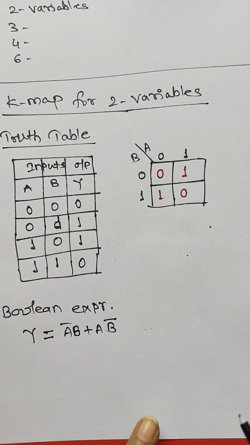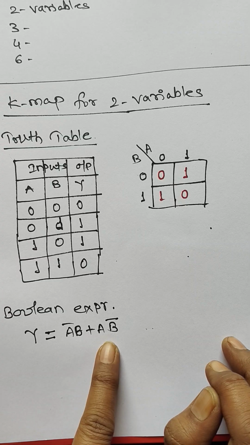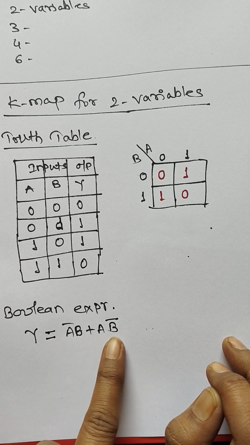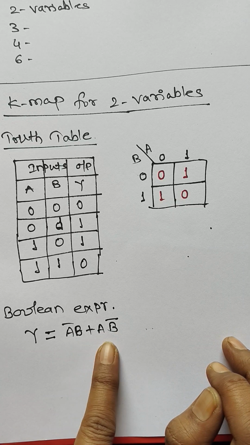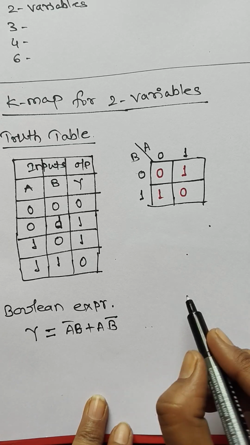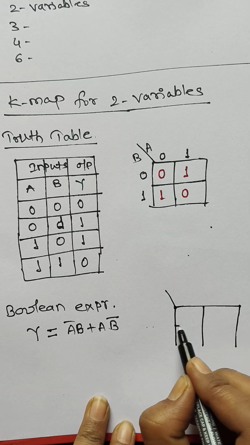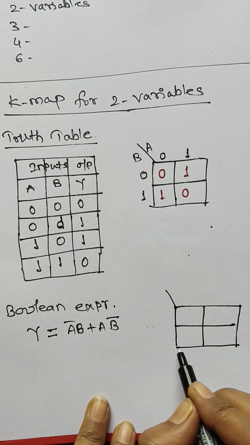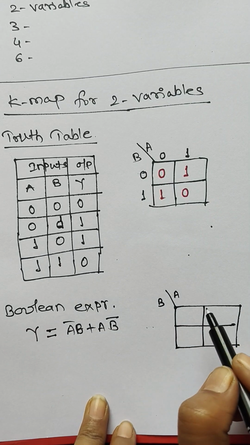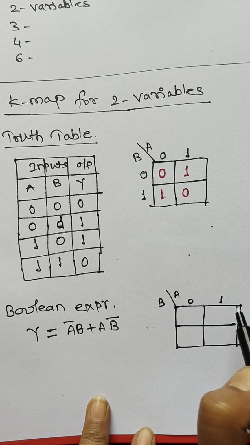Okay, so again, as we know from the expression, we have to find out how many variables are there. The input variables are only two, A and B, and the output variable is only 1. So again draw the K-map structure for two variables. Again let me write the input variables as A and B. Now we have understood A can be 0, A can be 1.